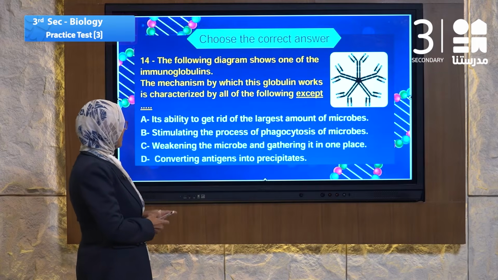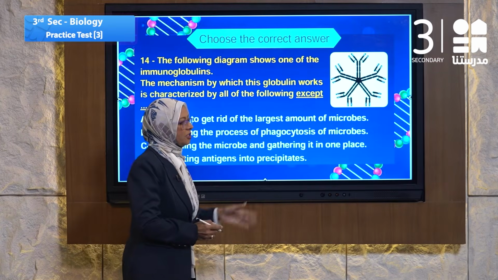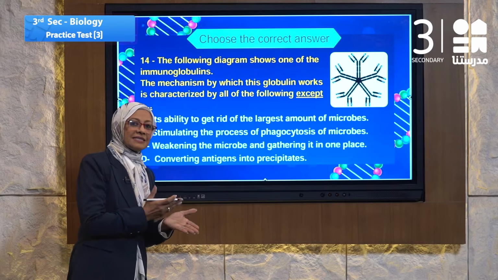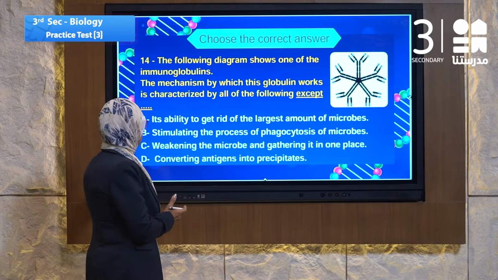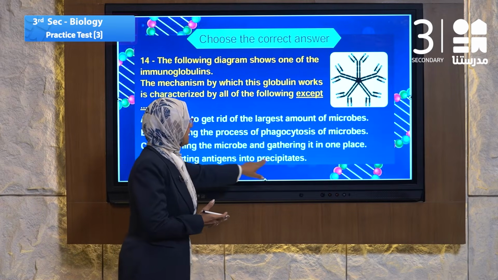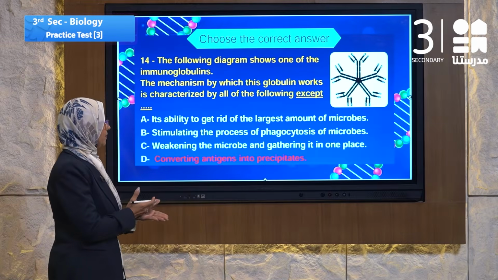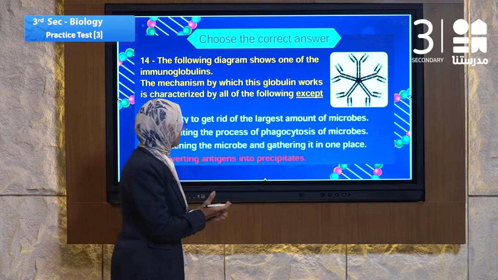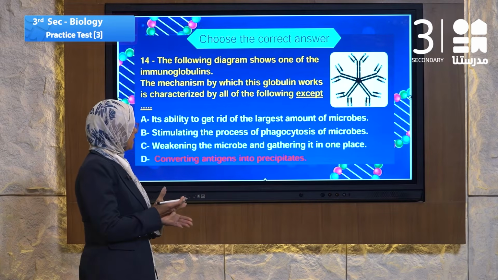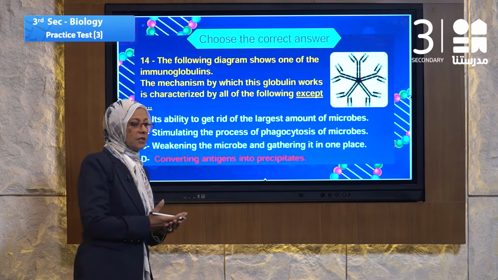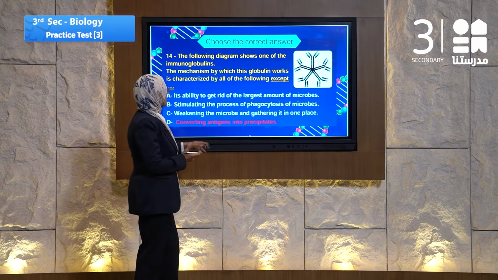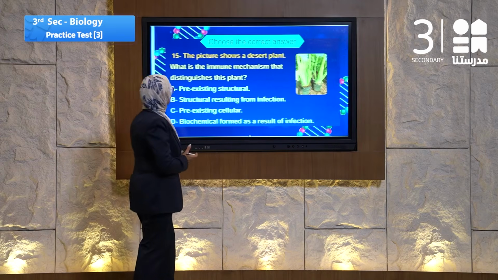Number D, converting antigen into precipitation. That's the one, the except. It does not convert antigen into precipitation. That's not its function. Let's go to question number 15.